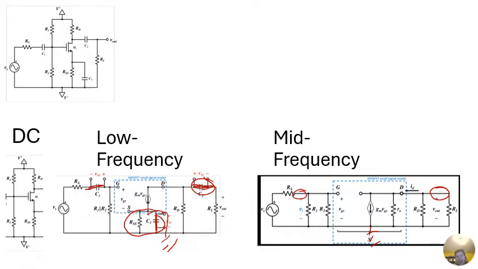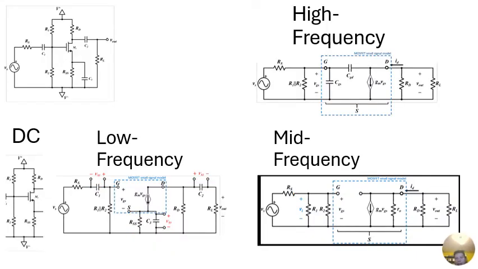So finally, if you keep increasing this frequency, we can no longer neglect the capacitances associated with the transistor, and then we reach our high frequency model. For the high frequency model, we simply have the capacitance between the gate and the source and the capacitance between the gate and the drain.